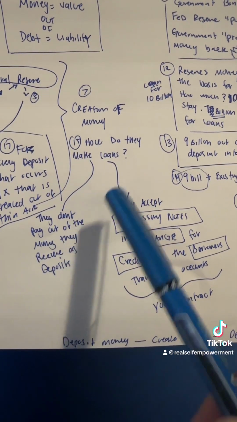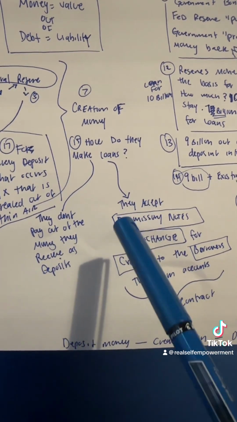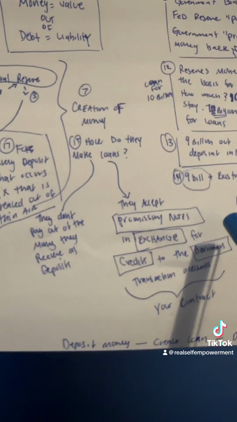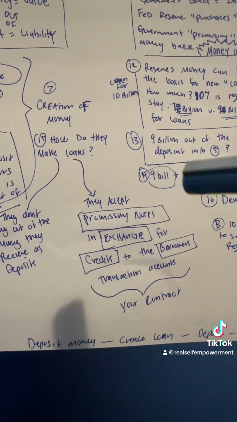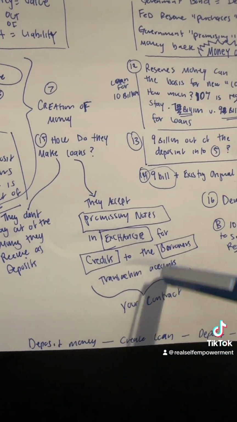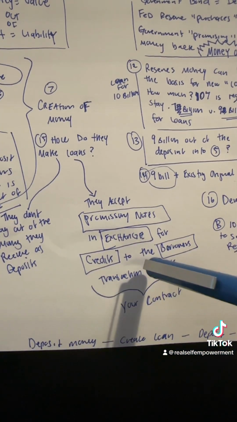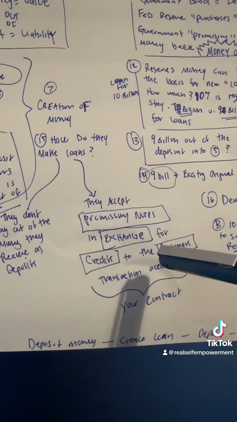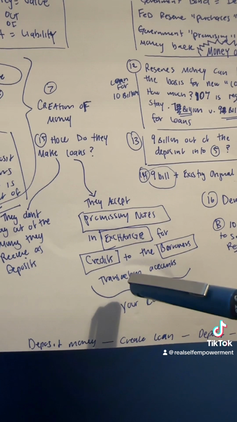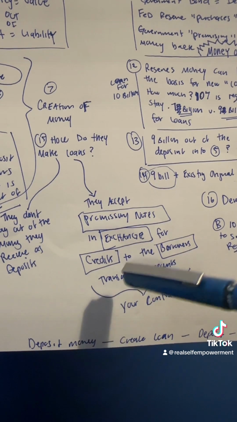What they do is, and this is where you guys come in, and I come in, they accept promissory notes. They accept promises to pay from the citizens of the United States in exchange for credits to the borrower's transaction accounts. So they accept your contract, and that's how they make loans.